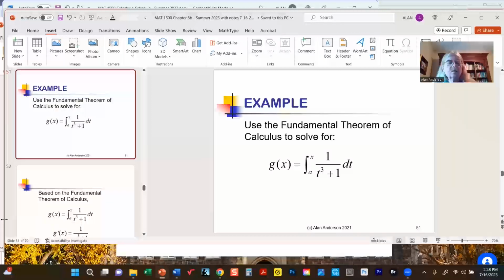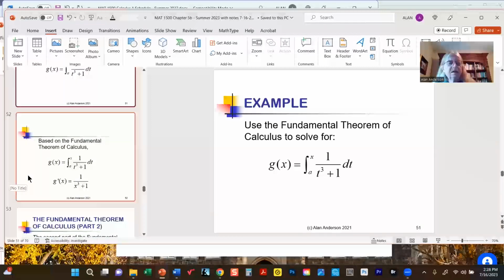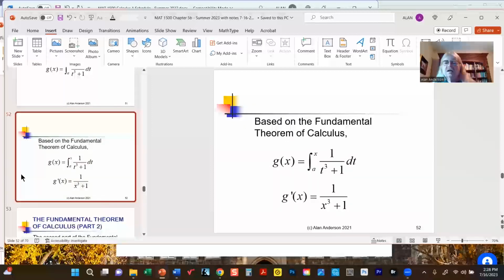And so what we're being told here is that g prime of x is just that function, except that we're replacing the t's with the original x.